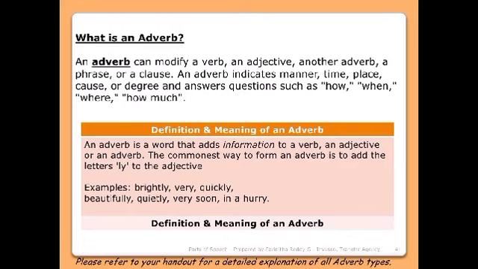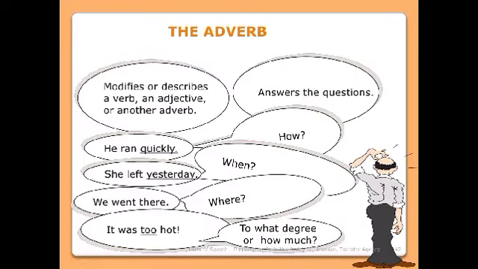The common way to form an adverb is to add ly to the adjective. For example, bright is an adjective, but when you add ly, brightly, it becomes an adverb. Very quickly, quietly, very soon, in a hurry. So adverbs modify or describe a verb, an adjective, or another adverb.